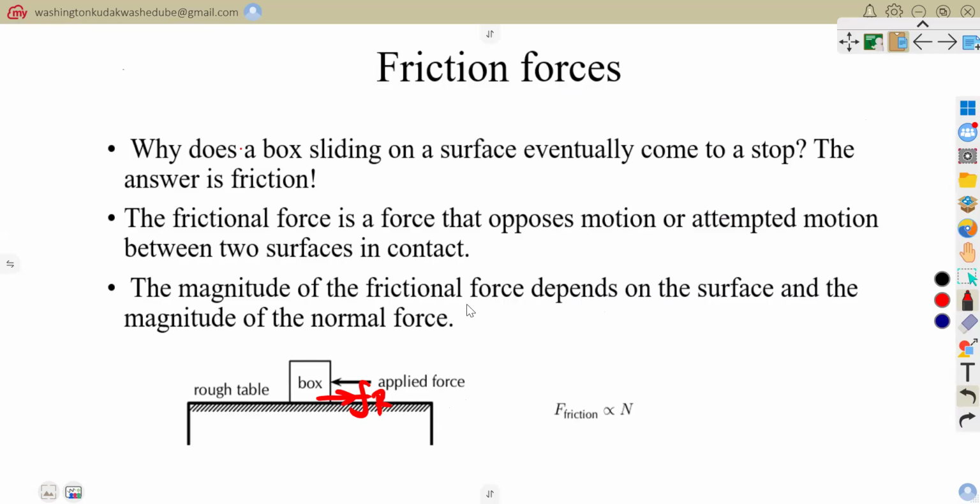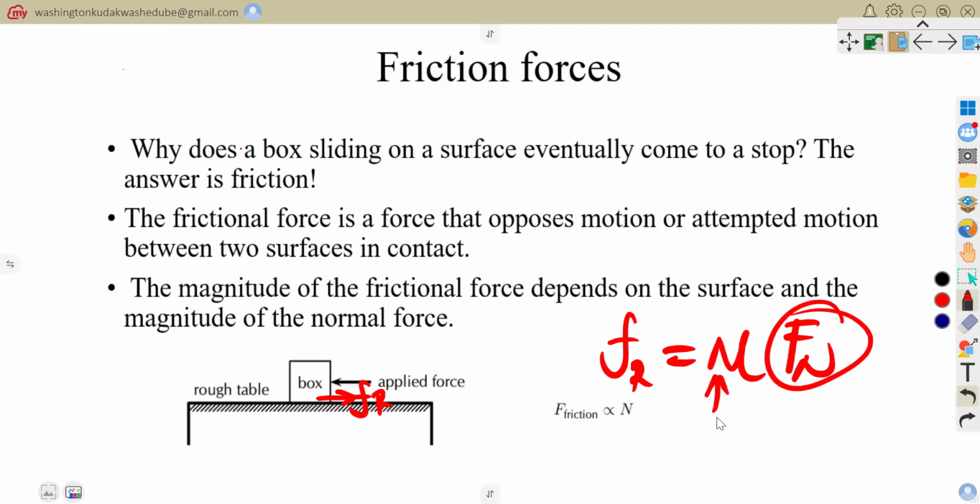The magnitude of the frictional force will depend on the surface, which is to say on the roughness of the surface. The rougher the surface, the greater the frictional force. It also depends on the magnitude of the normal force. So our frictional force will be defined as mu times the normal force.